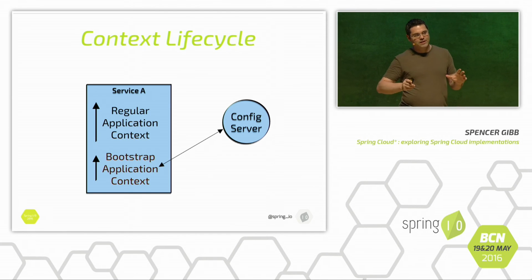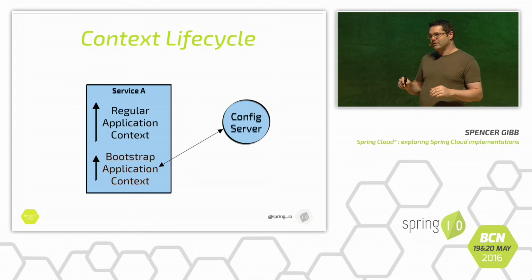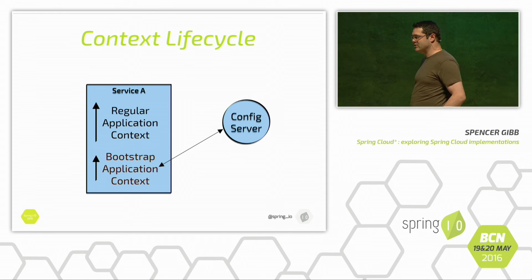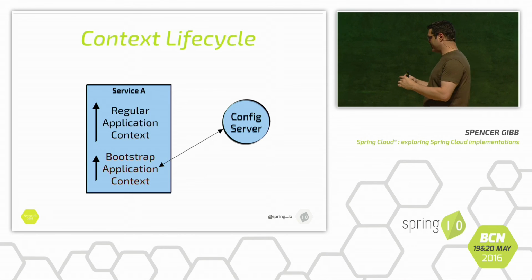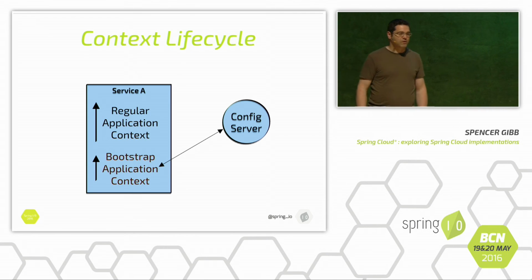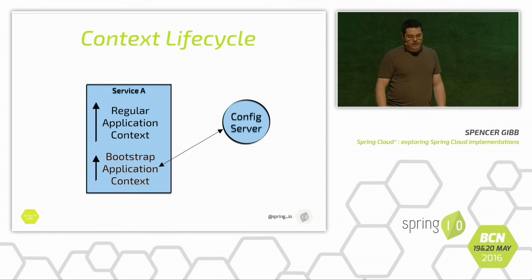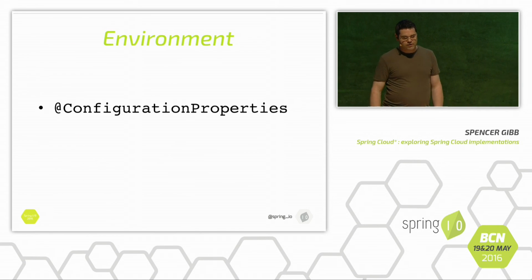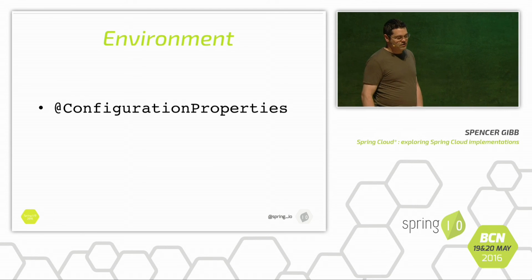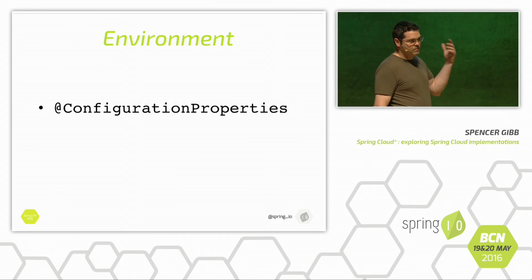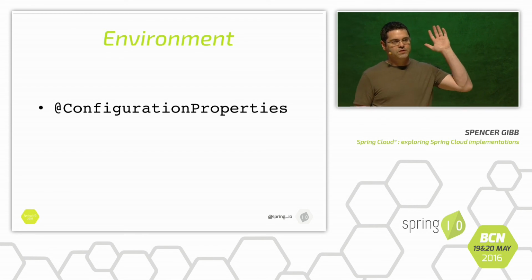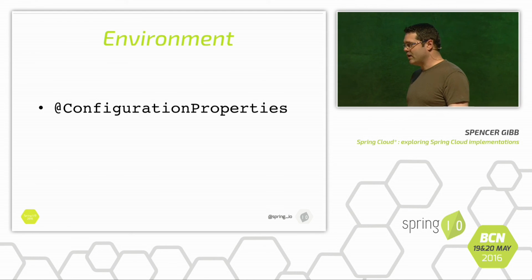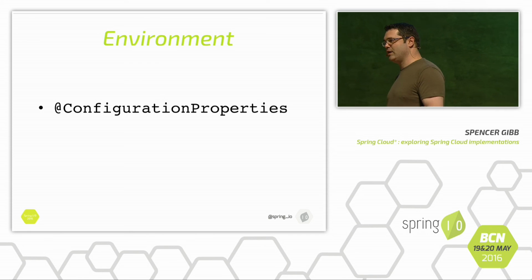So it's kind of important to know this because it introduces this other layer into your application where you can prepare your application context before it actually starts. Okay? So there are a number of ways that we can interact with Spring's environment. Configuration properties. This is a Spring Boot concept. Basically, you can annotate a plain old Java object, and you get type-safe configuration.